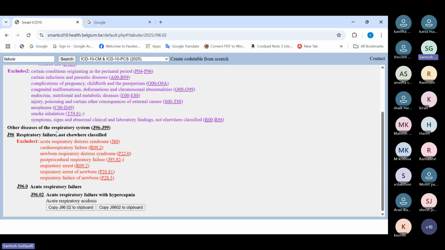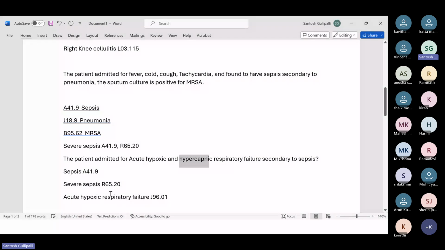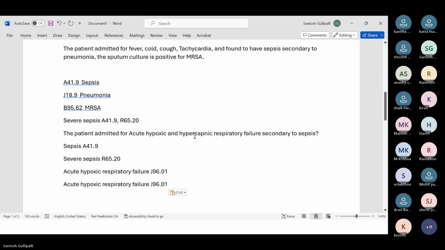Both respiratory failures are documented, and there is no specific combination code for hypoxic and hypercapnic respiratory failure, so we give acute hypercapnic respiratory failure separately, with the code J96.02.